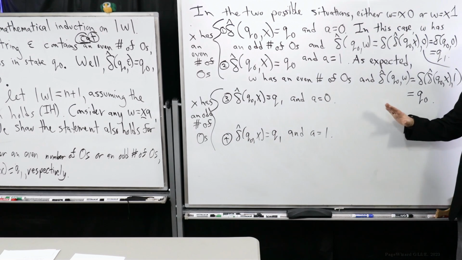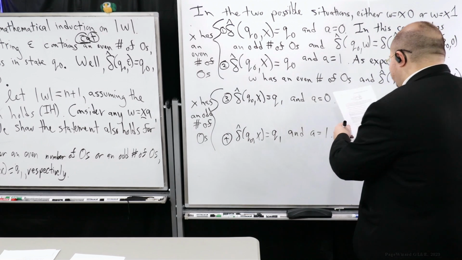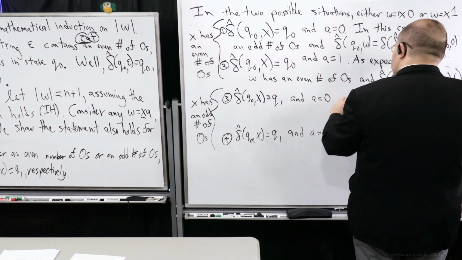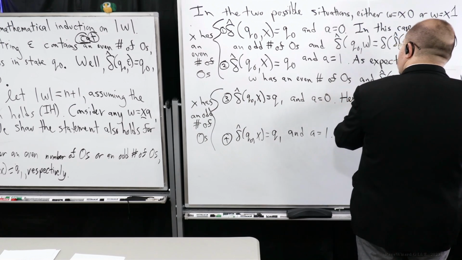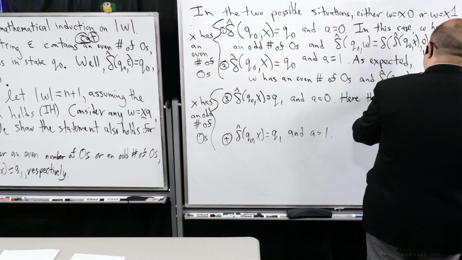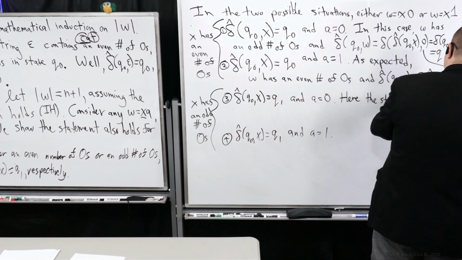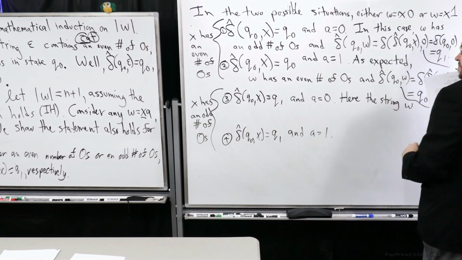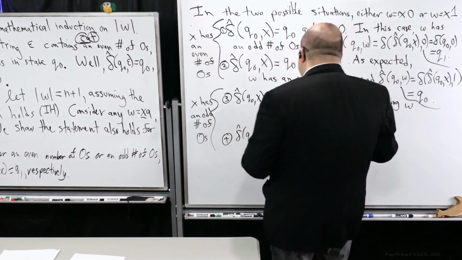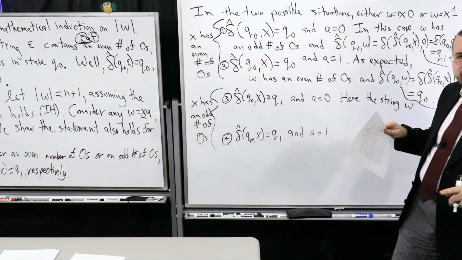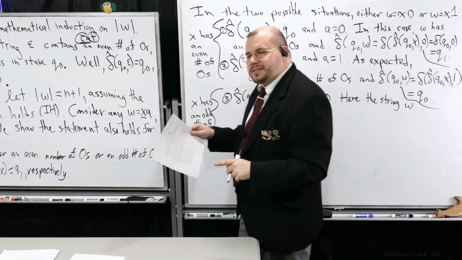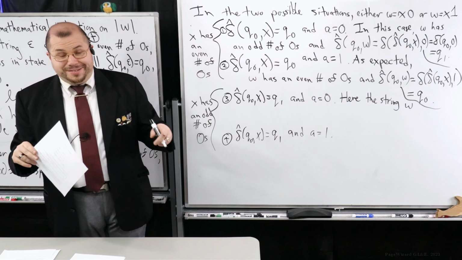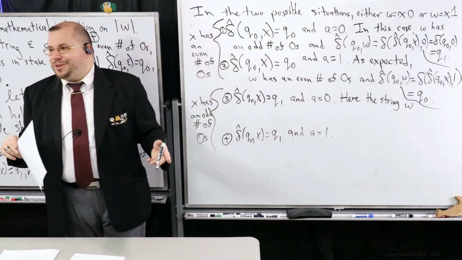So now let's work out these ones. So here, the string W: what would happen if I have another 0 on W from X? Well, I had an odd number before, but now it's even, right? It's an even number now.